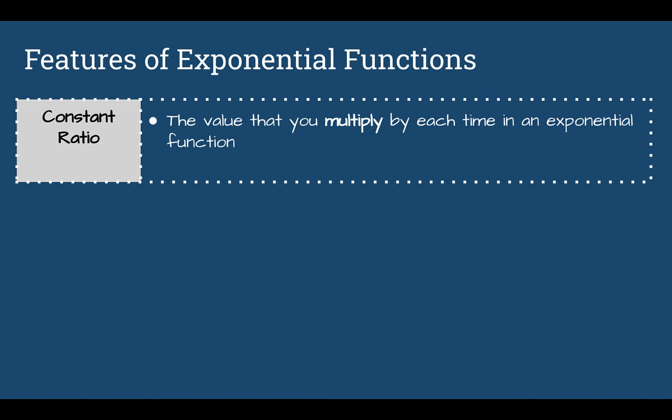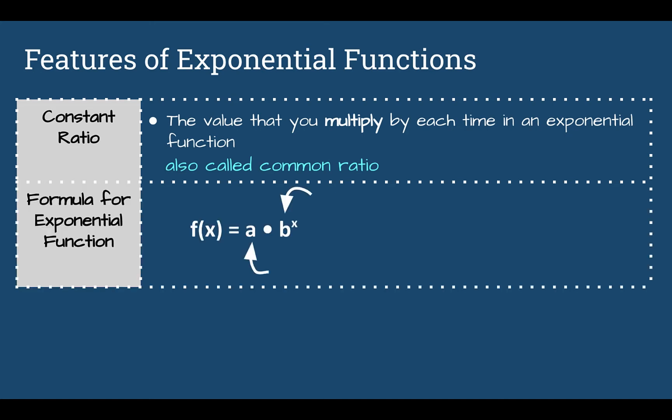Next, we have our constant ratio, the value that you're multiplying by each time in the exponential function. It's also called the common ratio. I will probably refer to it more as common ratio than constant. In exponential functions, there is a specific formula for how they are written. So the basis of the formula is f of x equals a times b to the x.